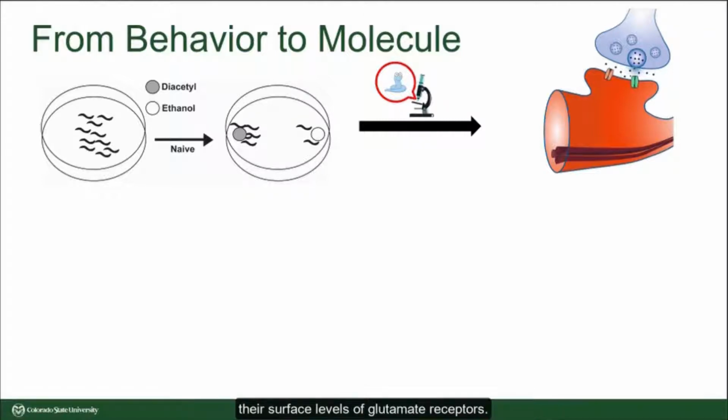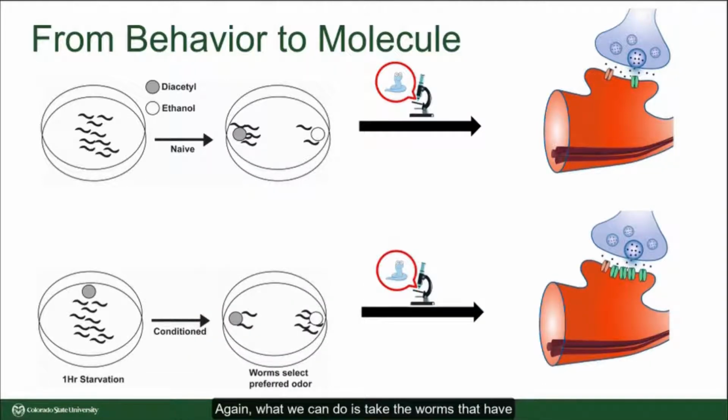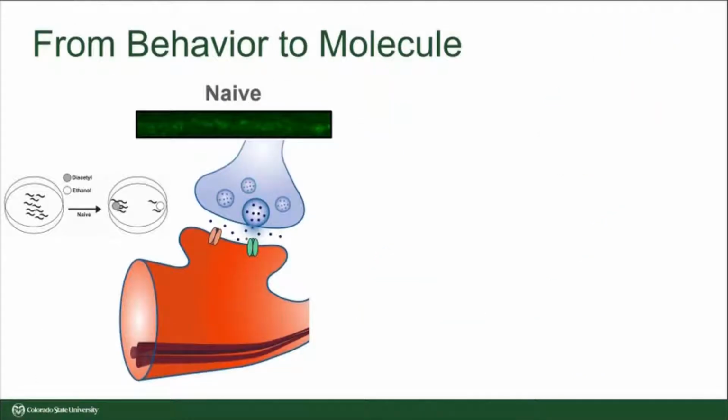We look at their surface levels of glutamate receptors, because again, what we're really interested in is glutamate receptor transport, as well as synaptic glutamate receptors, and really how that is related to memory. And so again, what we can do is we can take the worms that have been conditioned and presumably learned this, take them from either the 2 drops, we can look at their synapses and we can look at their transport and we say, how does this differ now between naive and learned?